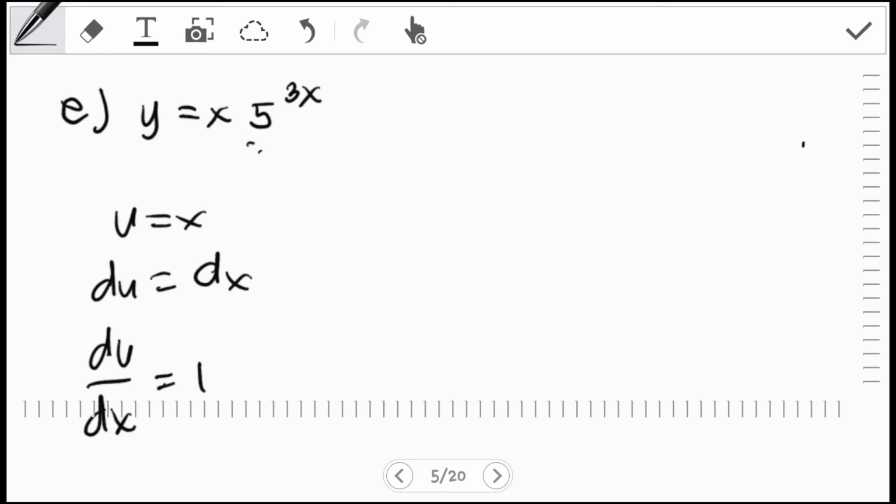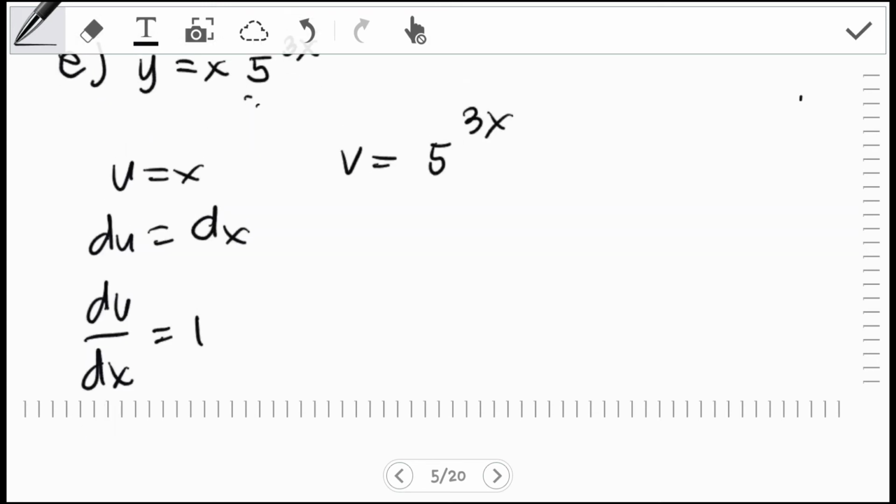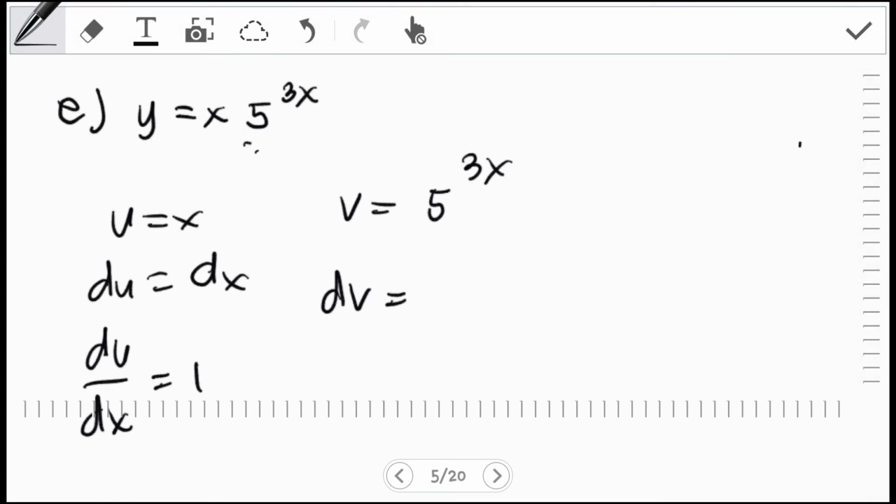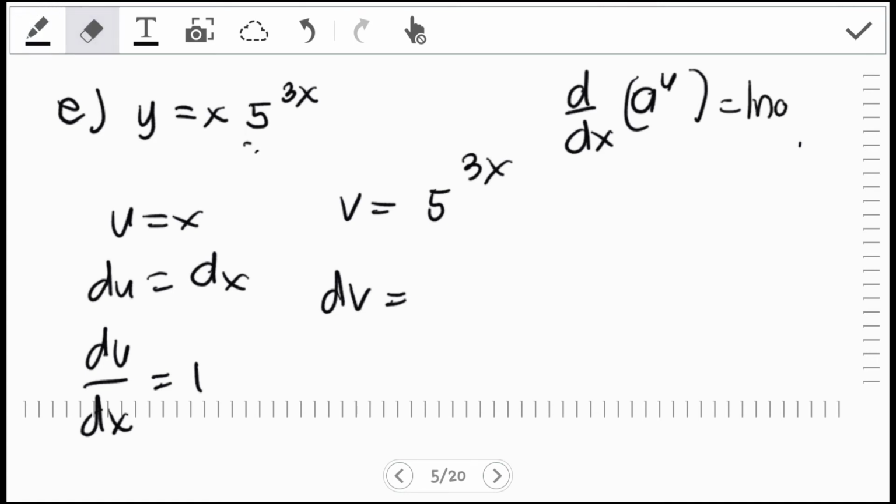Let v be 5 to the power 3x, where dv over dx, from the formula d over dx of e to the u, is e to the u ln e times du over dx.